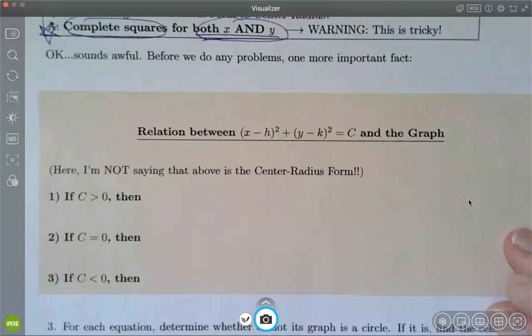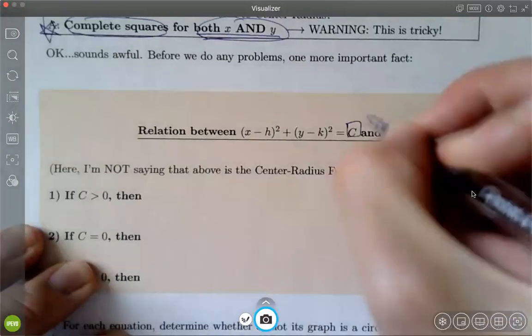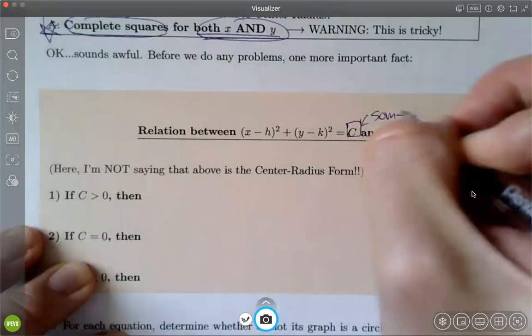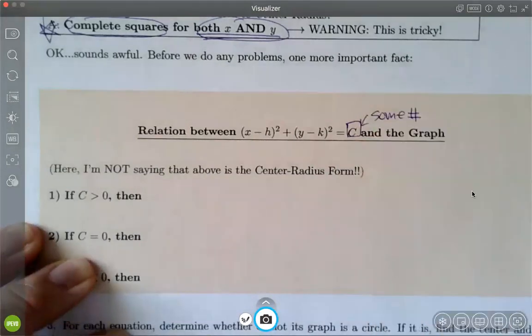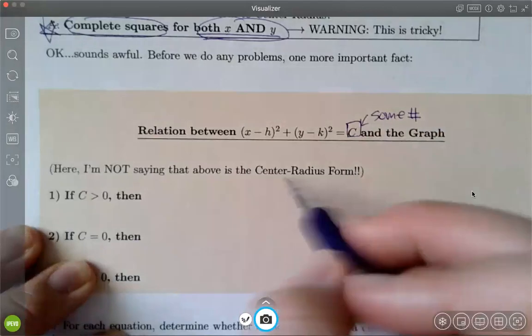Because this says it equals c and not r squared. Right? So the right-hand side is not r squared, it's just c. So this c is some number. So that's why it's not the center radius form.